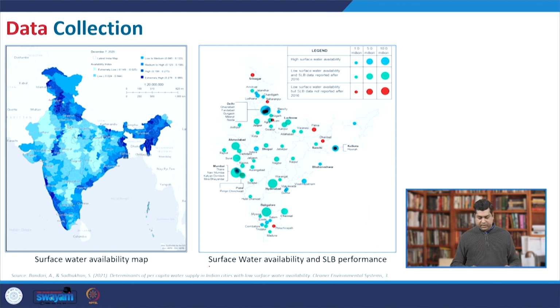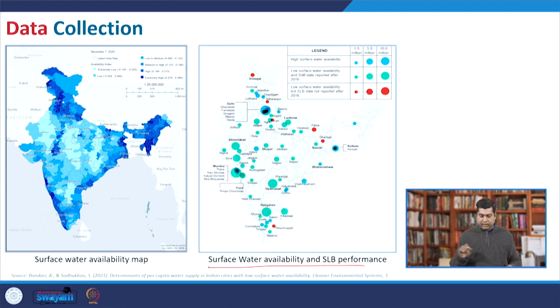The second map is for the surface water availability and SLB performance. In this case, it is just a category: all the cities with 1 million population or more are shown with the smaller dot, and some of them having more than 10 million are shown with the bigger dot.